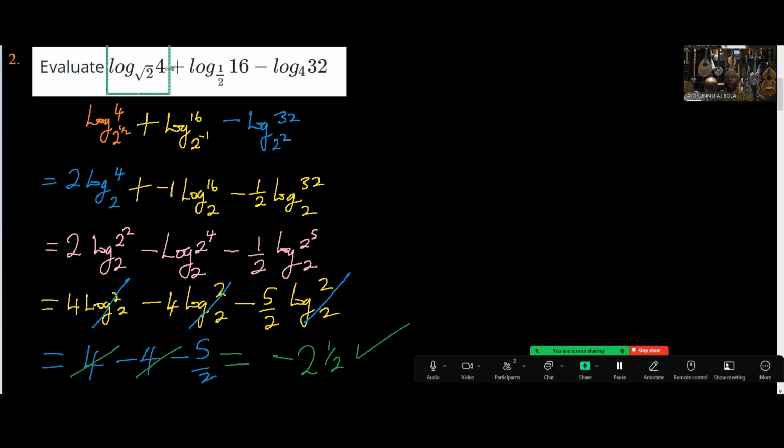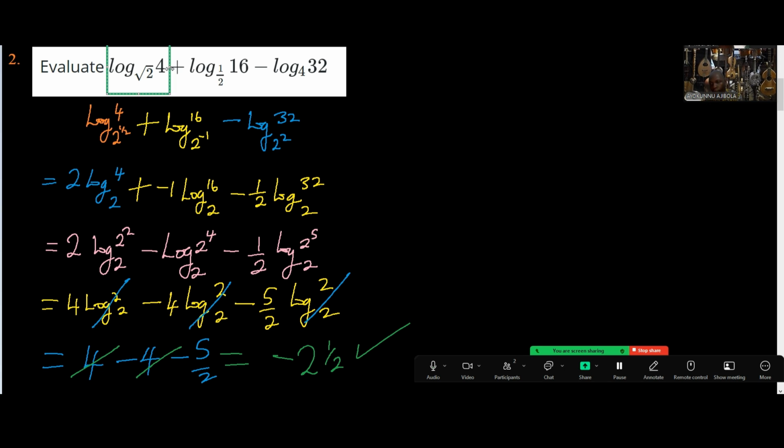And the third one, log 32 base 4. So all of the bases are not the same, but since we see plus and minus, we might want to combine them. That's why I said let us try to turn them to the same base, and 2 could be the same base. But I did not even have any reason to combine them after decoding that, because I can even simplify each one individually. Is that clear?